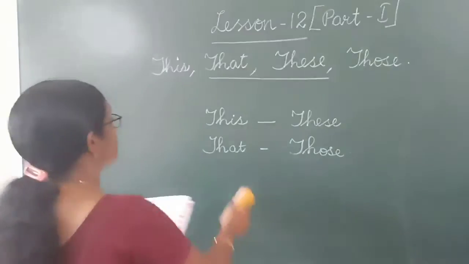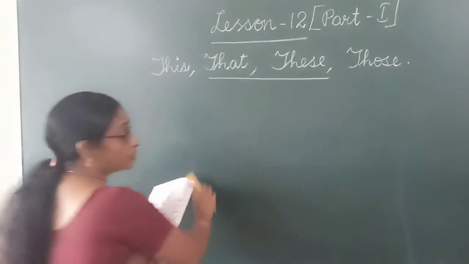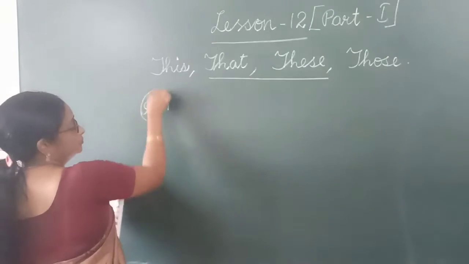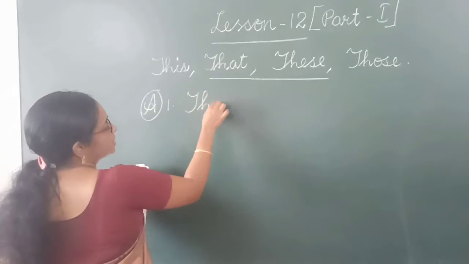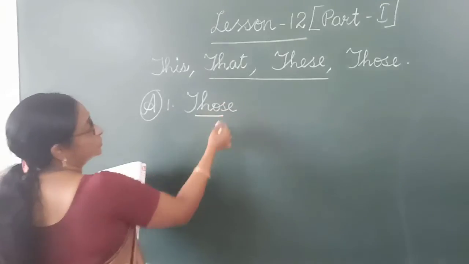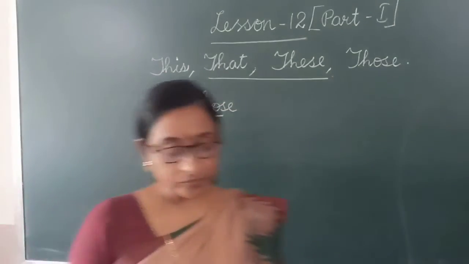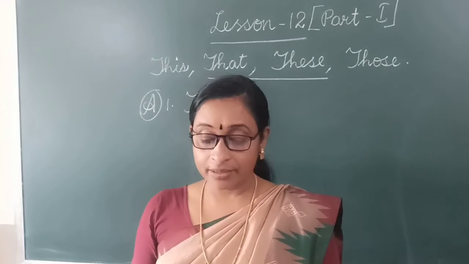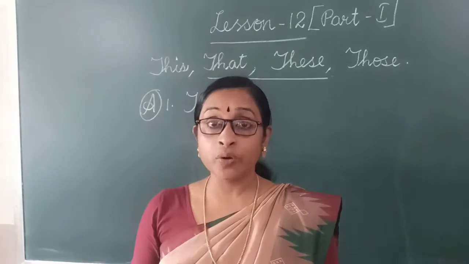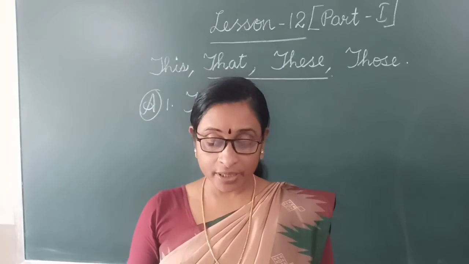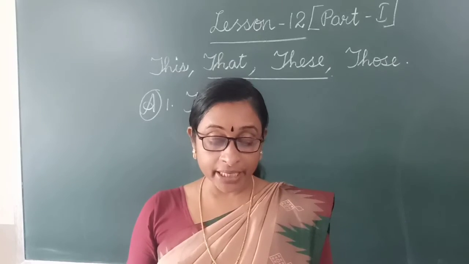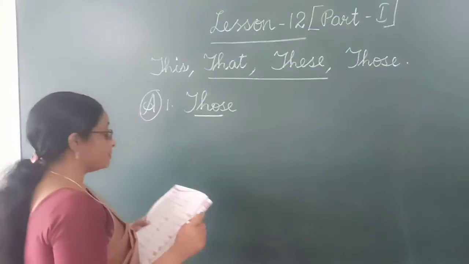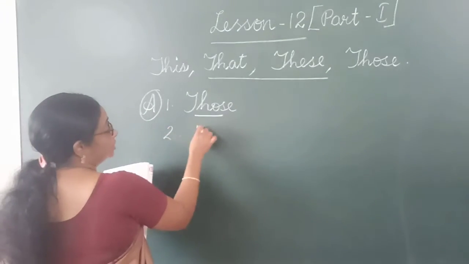So write, children, number one, those are your books. Second one, dash is a black pencil, and there is no pointed finger. So what do you have to write there? This is a black pencil, because that is kept near me.